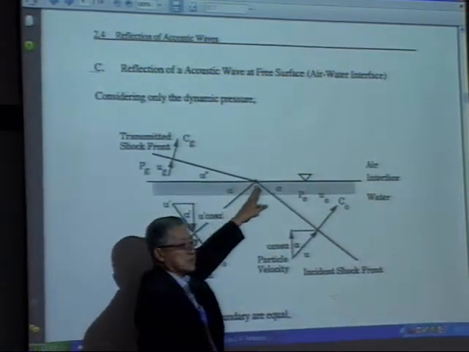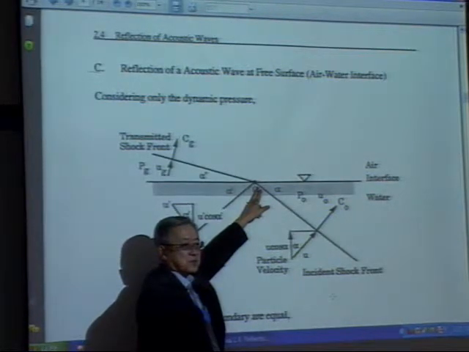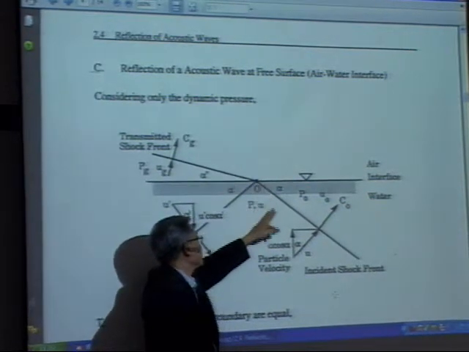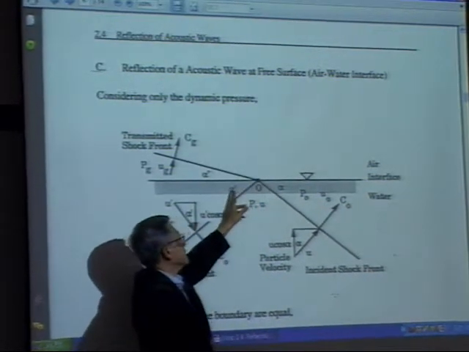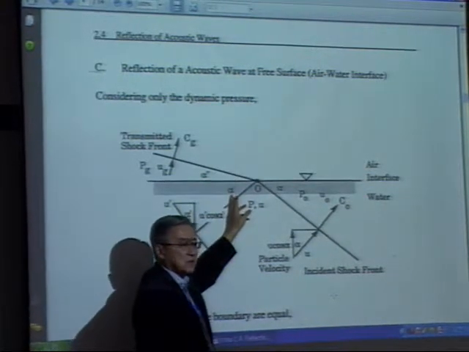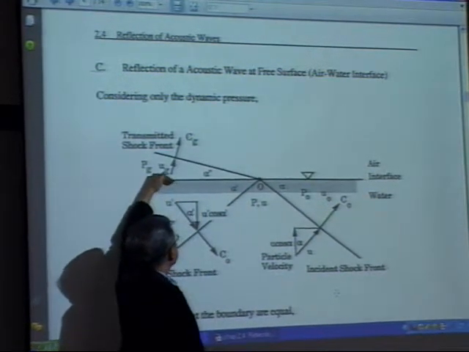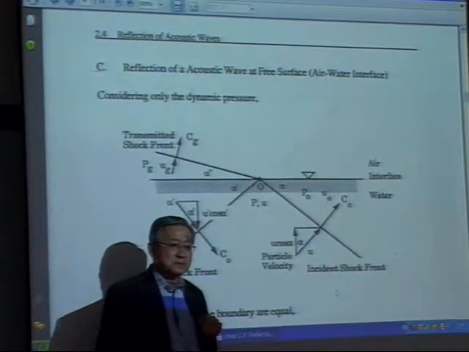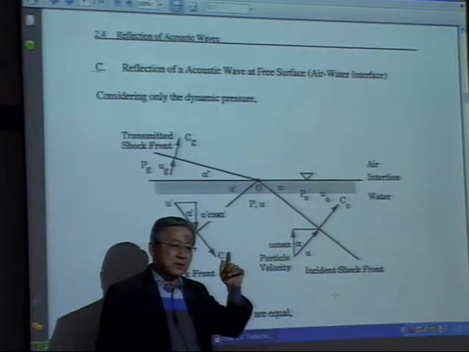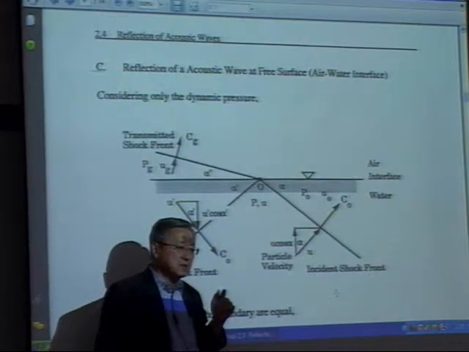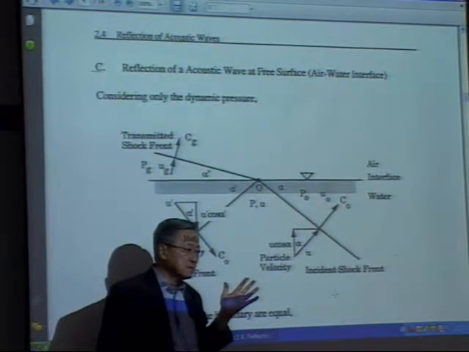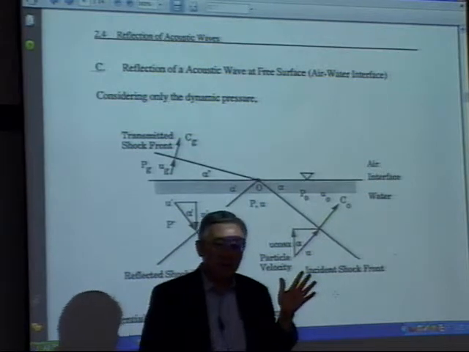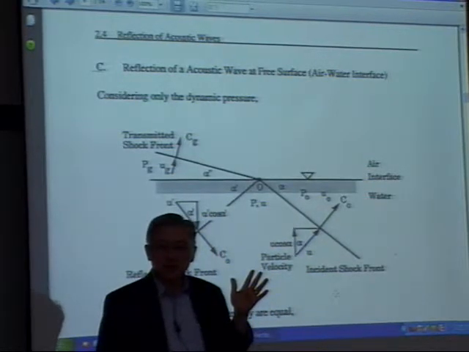This is the interface point, or intersection point. Interface point may be better. And this is alpha prime, which we know is the same. But there is also a wave which will transmit into the air. The air-water impedance ratio is about what? Rho C in water is how much higher than rho C in air?